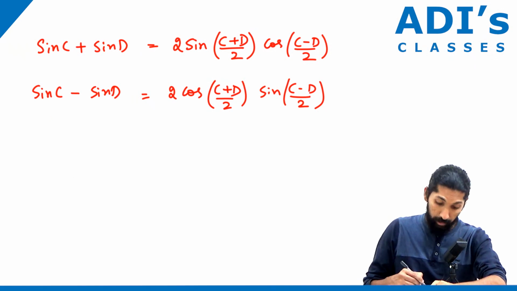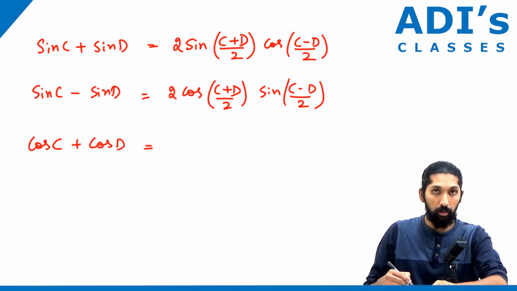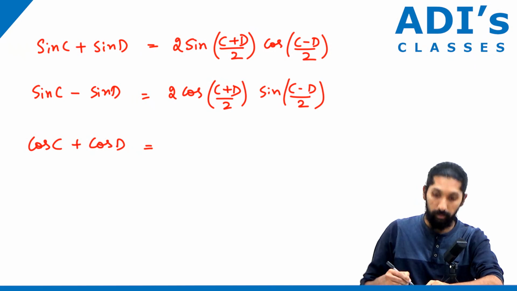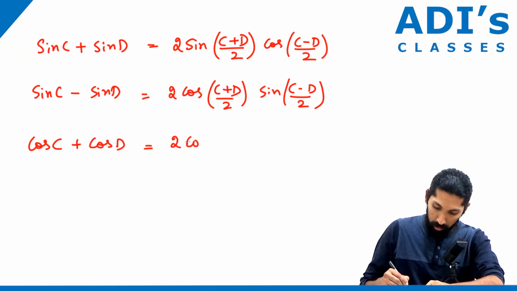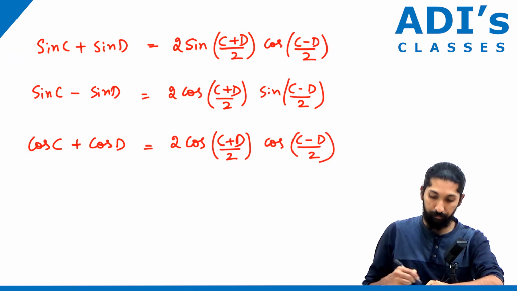Next one: cos C plus cos D. Since both of them are cos, you get cos and cos: 2 cos (C plus D) by 2 into cos (C minus D) divided by 2.